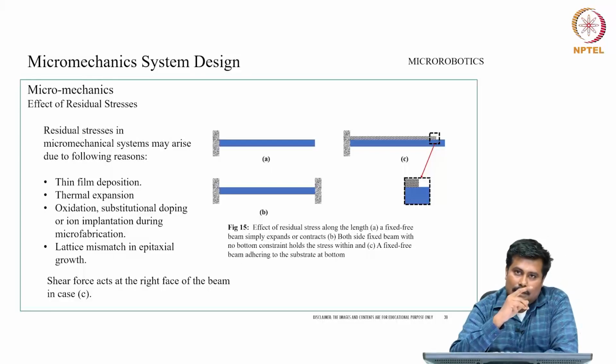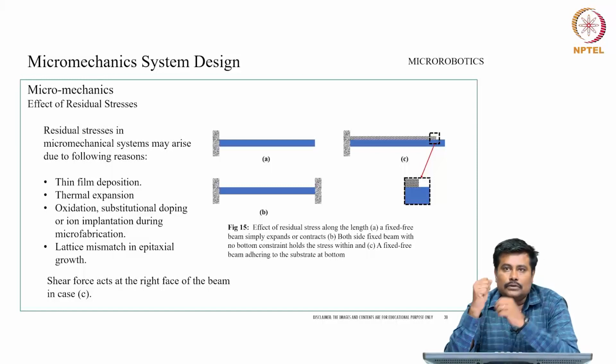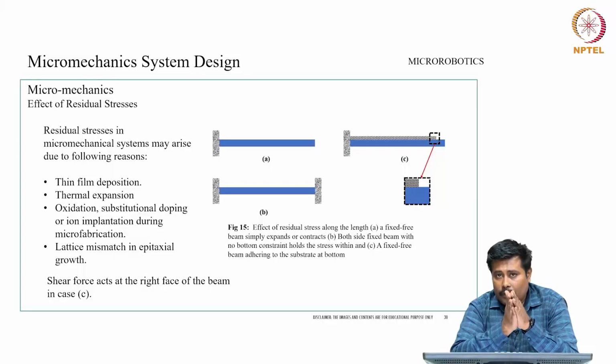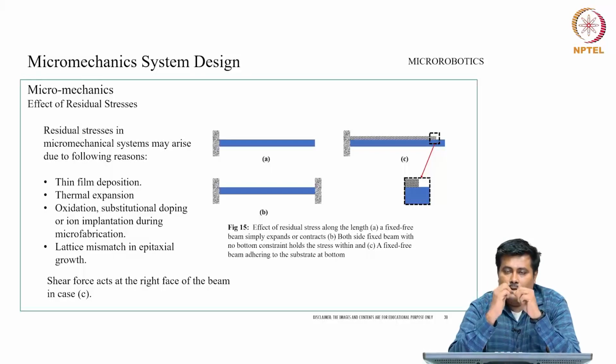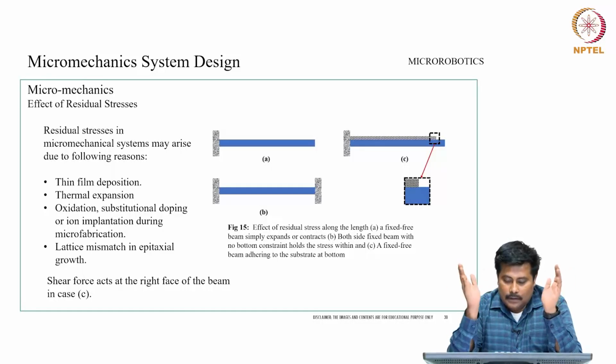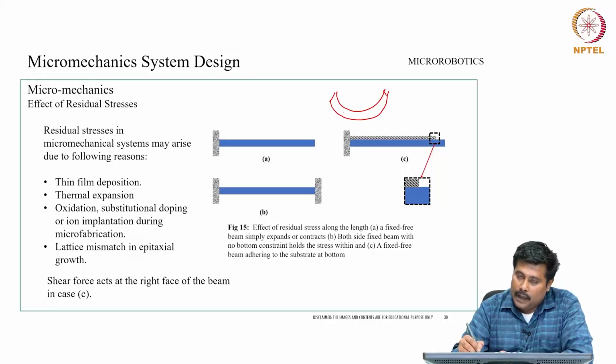Now, since we are considering a spring, the impact of the residual stress is very limited. However, when we are talking about the shape memory alloy based bimorph, we have a Kapton polyimide. This Kapton polyimide is stretched during the deposition, so it is already strained, and that is the reason why in the earlier case we could see a curl structure in the as manufactured condition, and when we supply heat to it, it became straight.